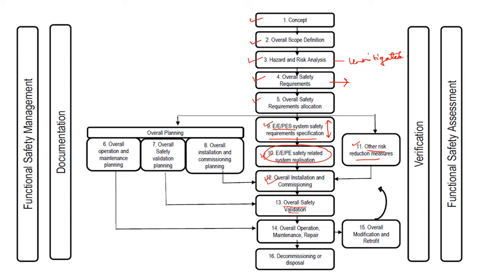After installation it goes through the operation and maintenance cycle, and at the end of its useful life it will be decommissioned or disposed of. During the O&M cycle some modification may be required. In case of modification, it will again go through these steps so that it can be validated again.